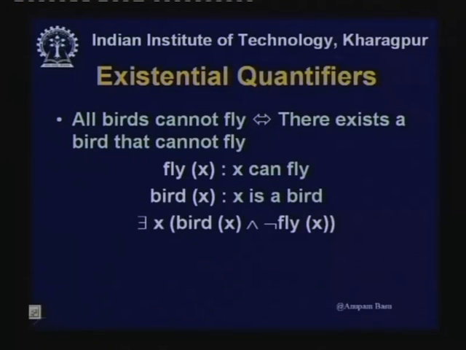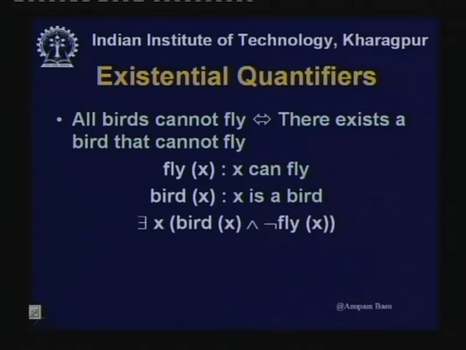And you can prove it just by selecting at least one bird, might be an ostrich, and you can show that here is a bird, but it cannot fly. So, what you need to really say is there exists a bird which cannot fly, or I can say there exists an x such that x is a bird and x cannot fly.